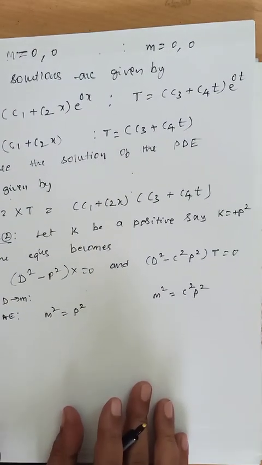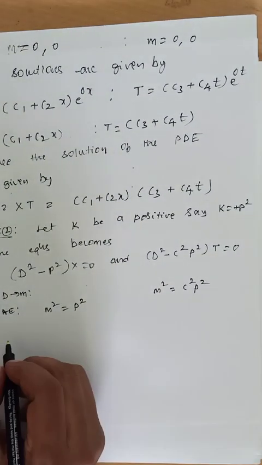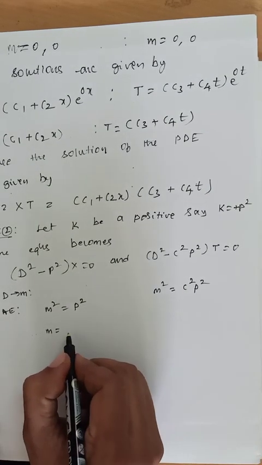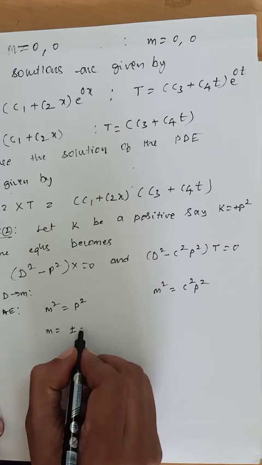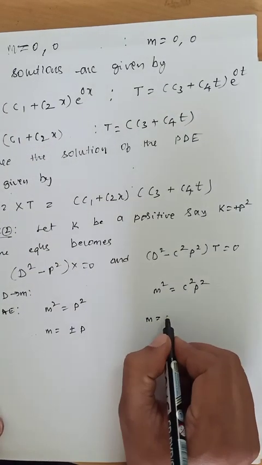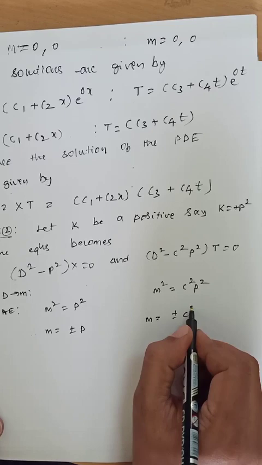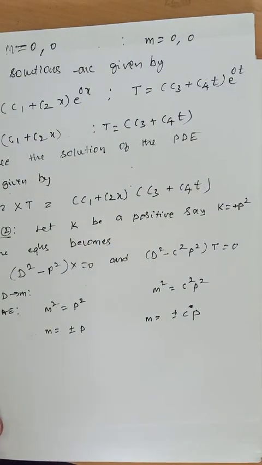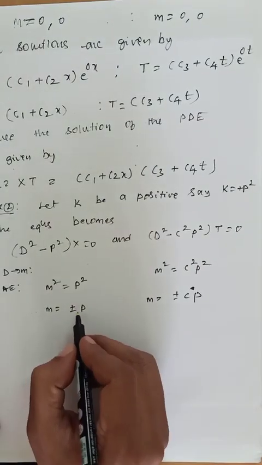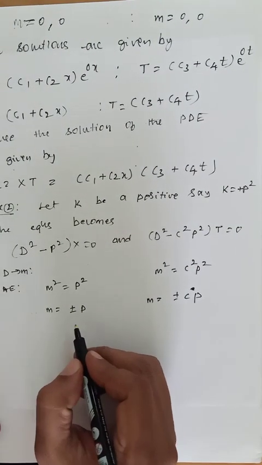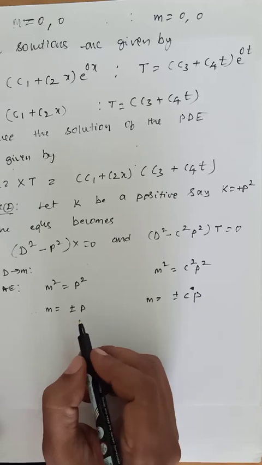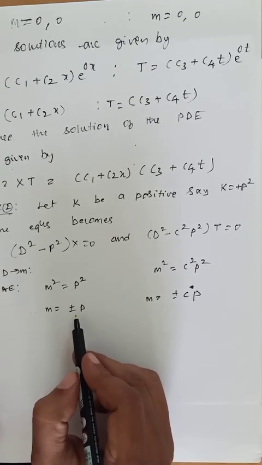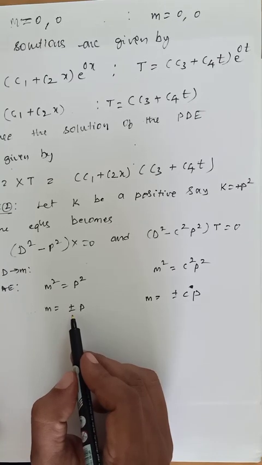Okay, auxiliary equations. Therefore m is plus or minus p. Here also m is plus or minus cp. So the roots are real and distinct, plus p and minus p. You construct the solution depending on the nature of the roots. So here we consider the roots real and unequal.